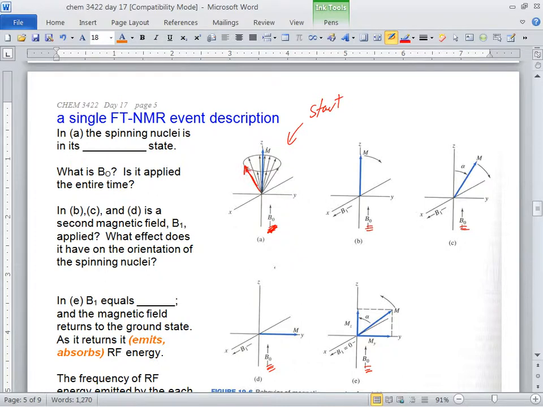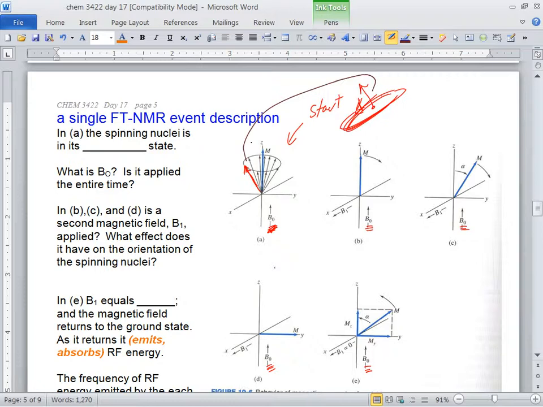If you're spinning like this, just wrap your hand around it and look at your thumb. Your thumb is pointing in the direction of the angular momentum. So the arrow would be going like this. That's the arrow they're talking about. That arrow is this arrow. They're the same thing.